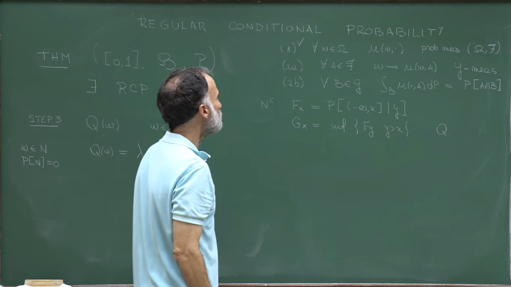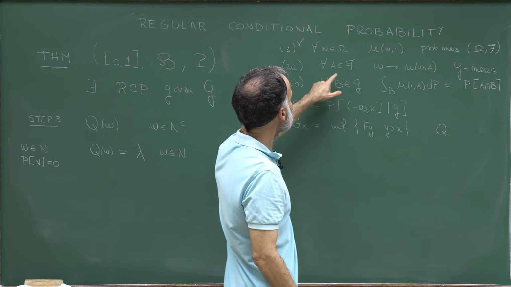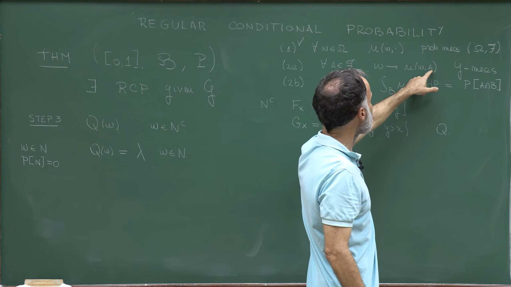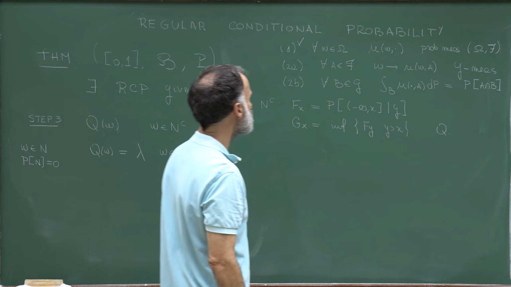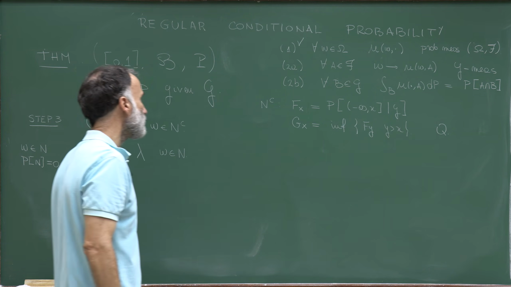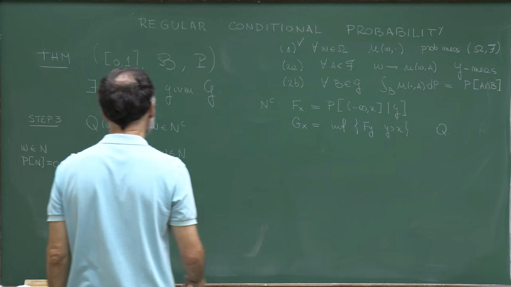What remains to be done is to prove the second property, which is divided in two pieces. First, we have to show that for any fixed A, as a function of ω, this is a G measurable function, and then that we have an identity. So my goal here will be now to prove 2a.